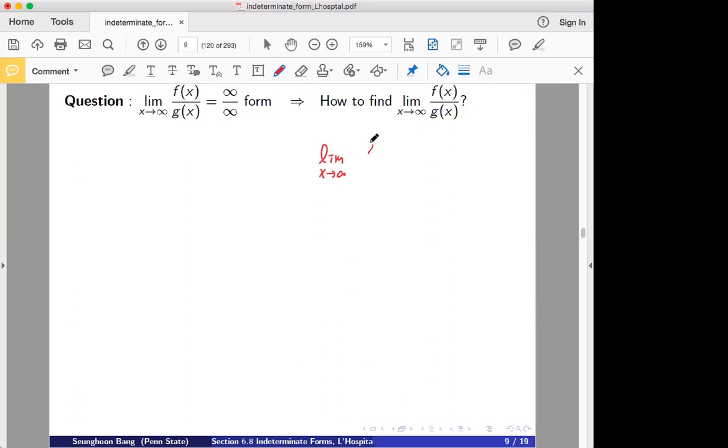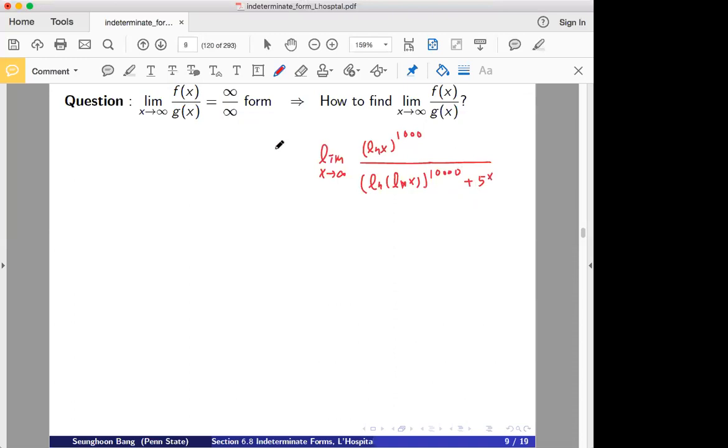We have ln of x to the power 1000 over ln of x to the power 10,000 plus 5 to the x.